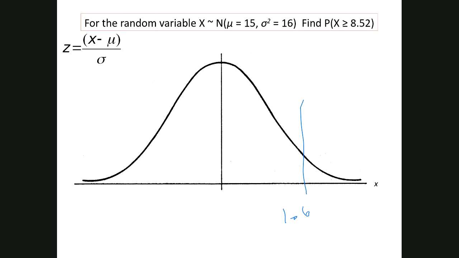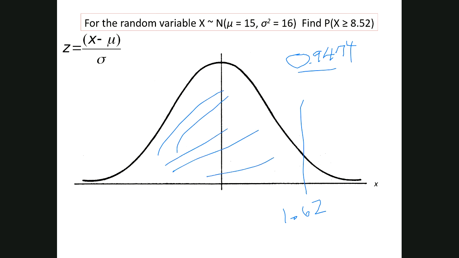We looked up positive 1.62, and we know that this is 0.9474. Okay, now we're together. And that was everything under the curve to the left of positive 1.62. Well, what did we want to find?